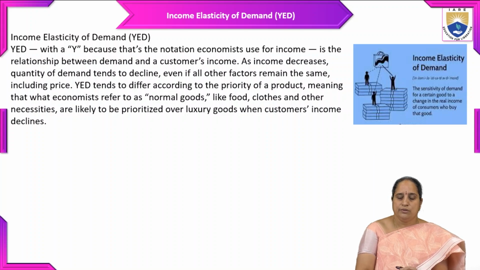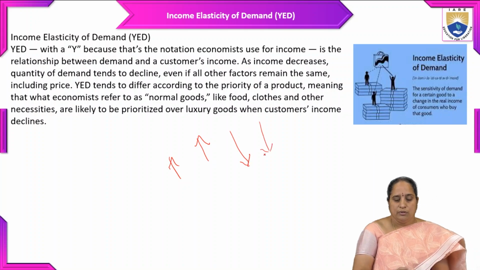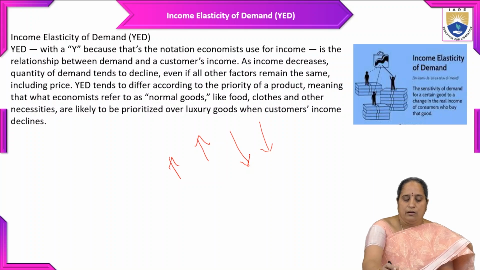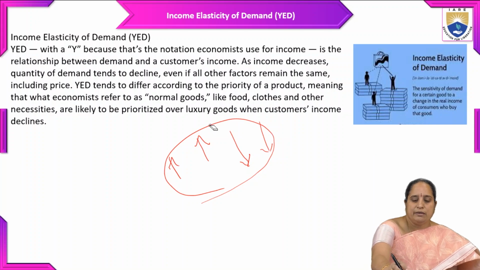Based on your income, if income increases, the quantity demanded will increase. If income decreases, the quantity demanded will also decrease. So this is a direct relationship between income and quantity demanded.